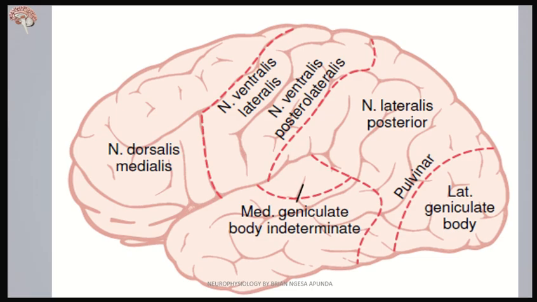For example, this is a representation of the cerebral cortex, meaning that various regions of the cerebral cortex have a direct connection with the thalamus. A good example is the lateral geniculate body.